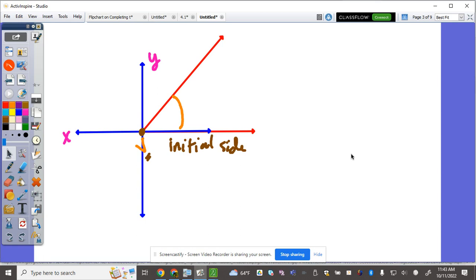So, the initial side of this angle lies on the positive x-axis, and this side here, that's your terminal side. Terminal side. And this is the angle that's being formed. Most of the time, the angle is represented by this notation, which we call theta.